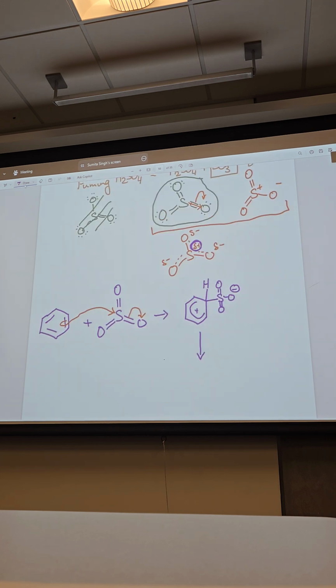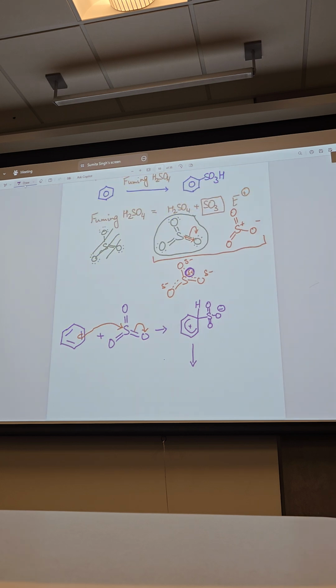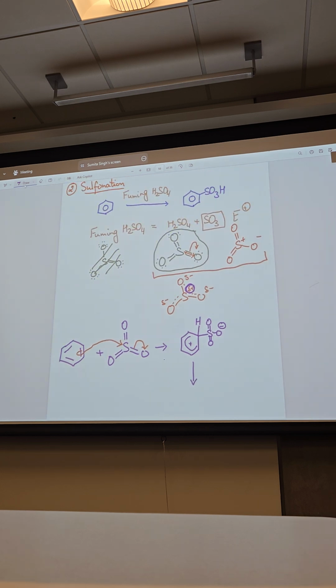So let's think outside the box a little bit. What did we call this? Fuming sulfuric acid. Didn't we call it that? It's an inorganic acid, isn't that right? What's something common about all inorganic acids?